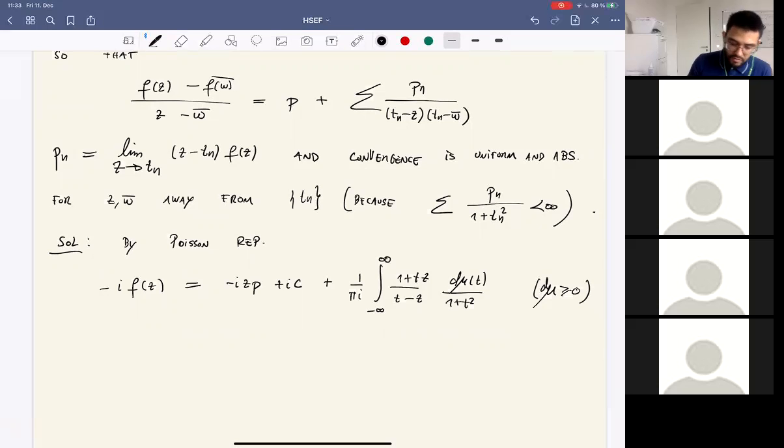Okay, and we know that the integral is finite. Okay, that's the Poisson representation.